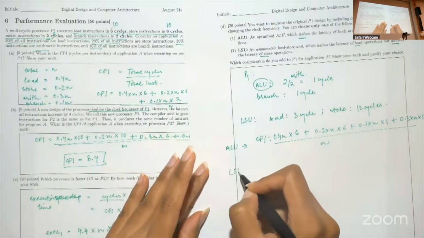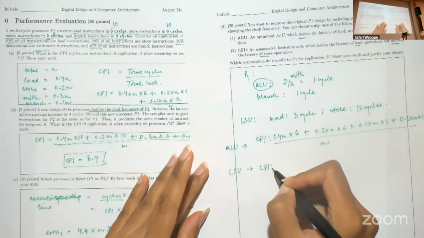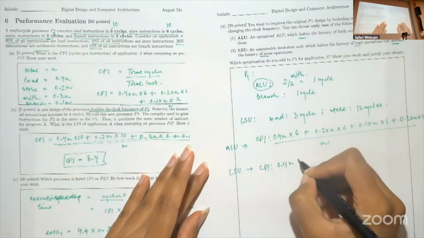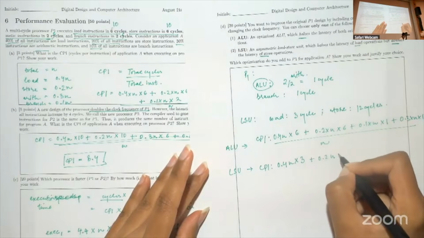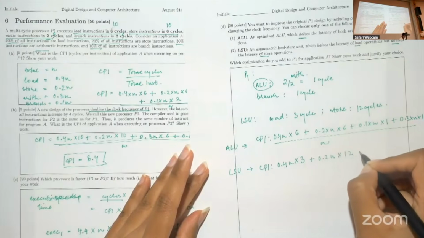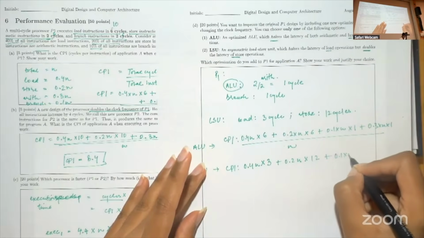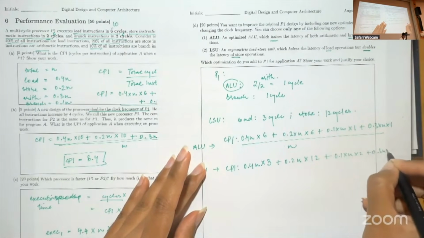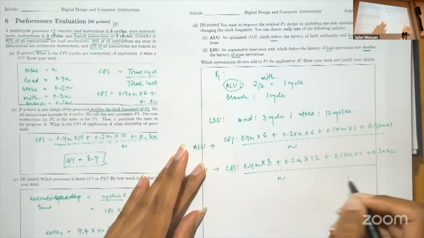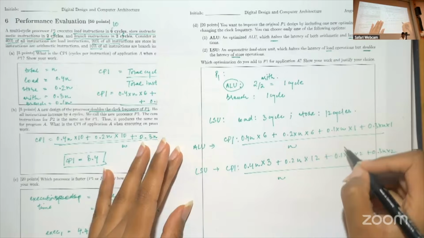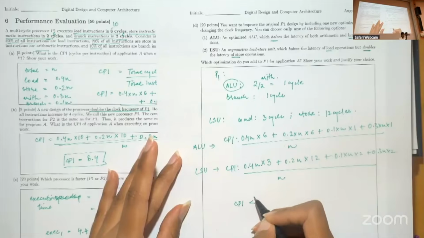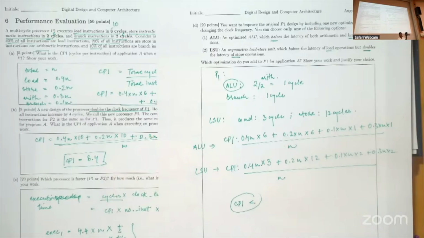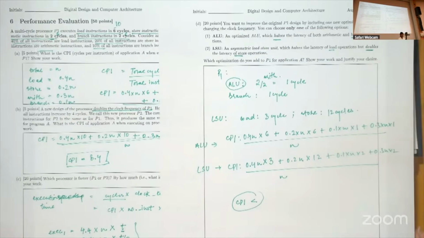And when you do the LSU optimization, CPI will be 0.4n into 3 plus 0.2n into 12 plus 0.1n into 2 plus 0.3n into 2, and then divided by n. So when you do the math, you will get the CPI value for both, and wherever the CPI is less, that will be your choice, because you want cycles per instruction to be less. So this is how you do this question.